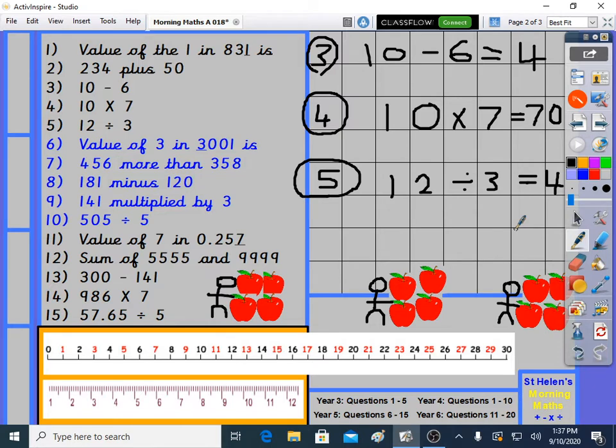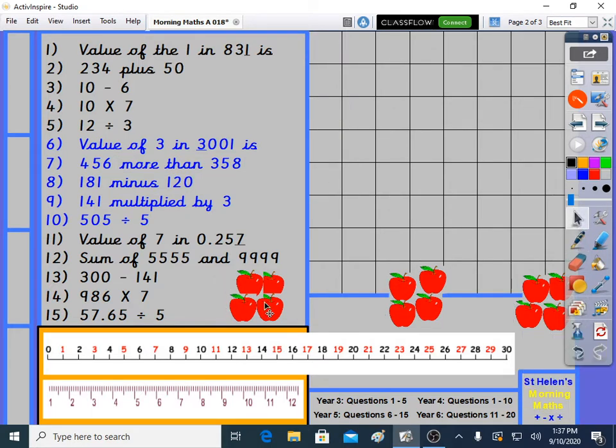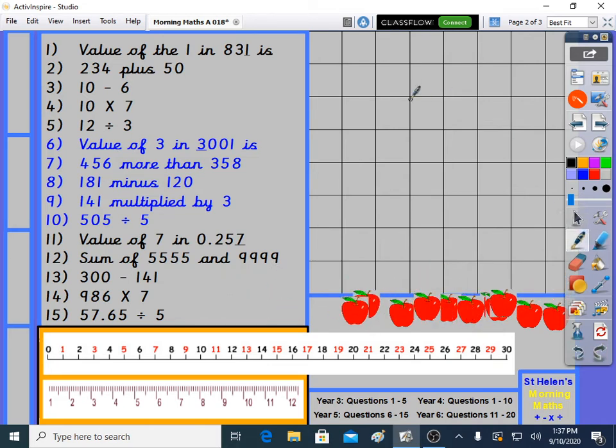Okay, let's move on to question 6. The year 4 level work. I'll probably leave the apples down there. Question 6. What's the value of the 3 in 3001? We'll put the hats on and we'll soon see. Units, tens, hundreds.